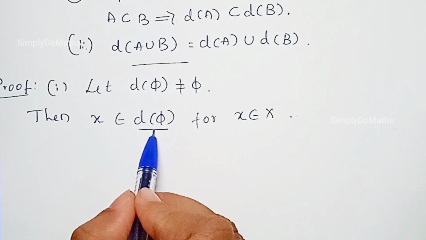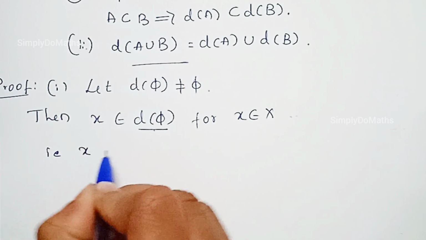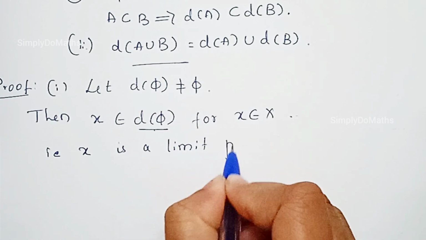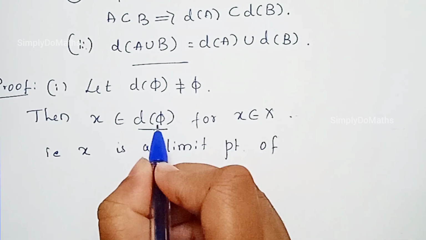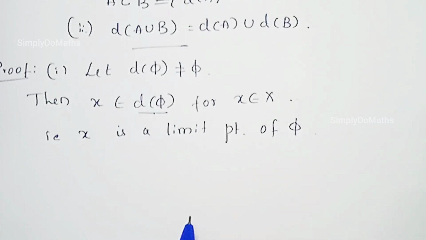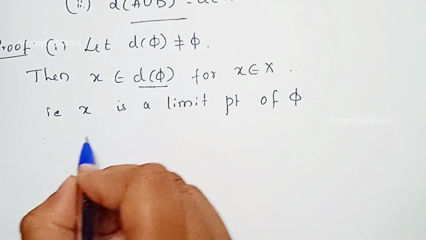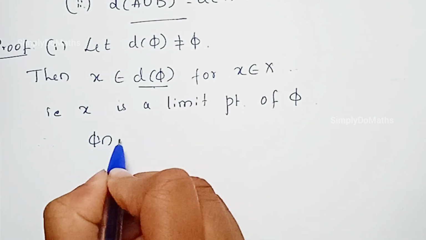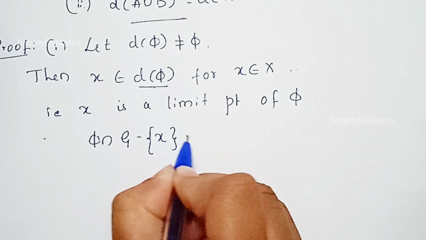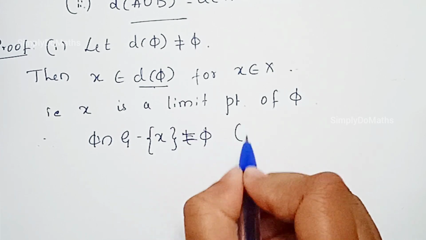So x belonging to the derived set implies x is a limit point of empty. Therefore, by the definition of limit point, empty intersection G minus the point x will not be equal to empty.